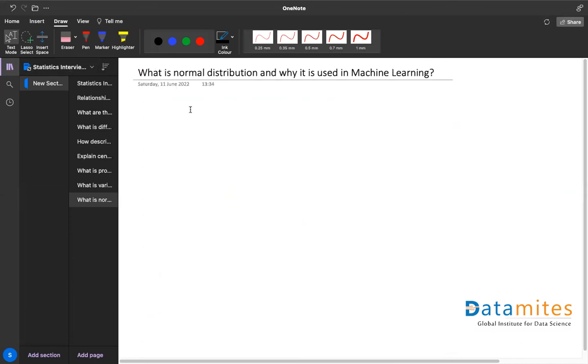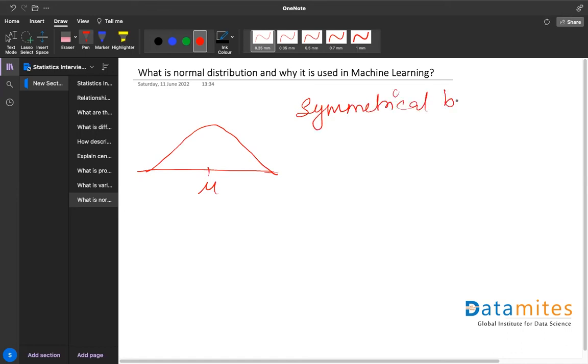Yeah, please try this. So simply, normal distribution you can explain as a probability density distribution which is symmetrical about the mean, and it has a bell-shaped curve.